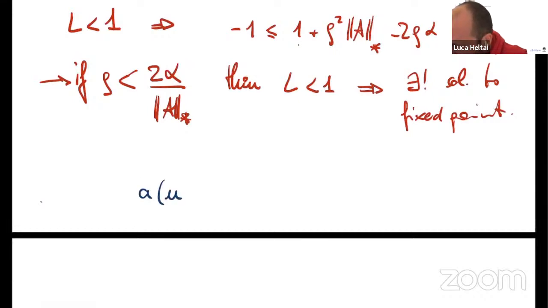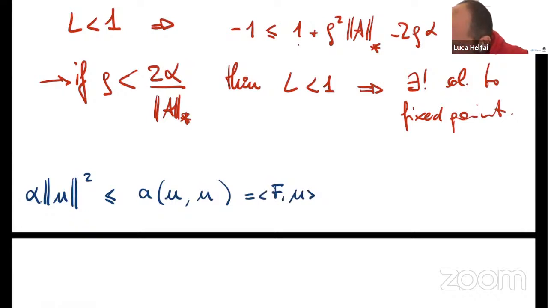So if I take A of U, U, by coercivity, this is smaller or equal than the norm of U squared. And this is exactly identical by construction.